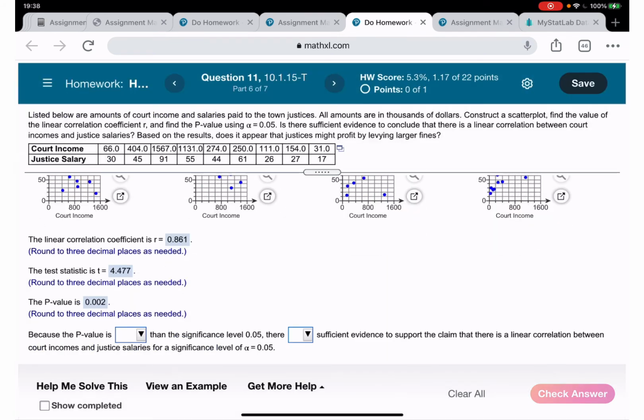We are done. So now we need to draw a conclusion, because p-value is less than, right? We have less than, because p-value 0.002 and alpha 0.05. So because it's less than, there is sufficient evidence to support the claim, right? Because it's falling in the rejection area, two tails.